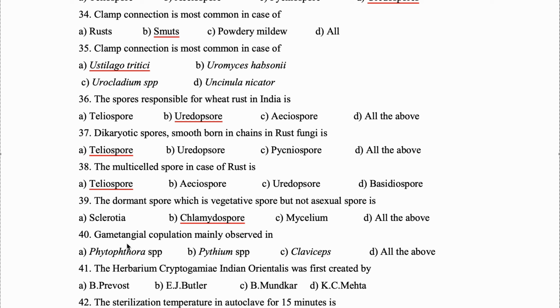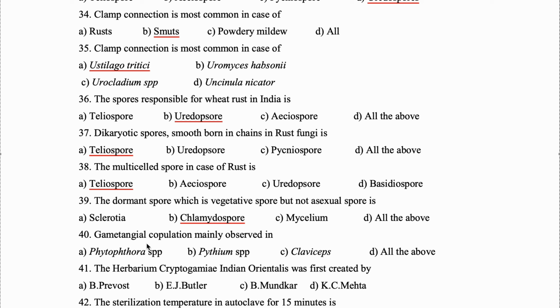Next, 40. Gametangial copulation mainly observed in. Now, there are different types of fertilization, in the sense of reproduction, that take place, right? So there are gametangial copulation, gametangial contact, and spermatization. Like these different types are there.